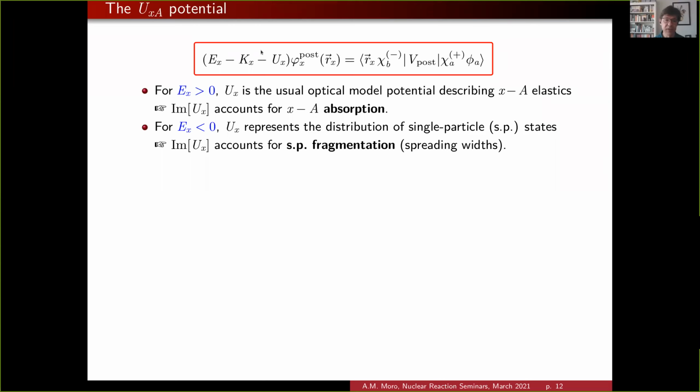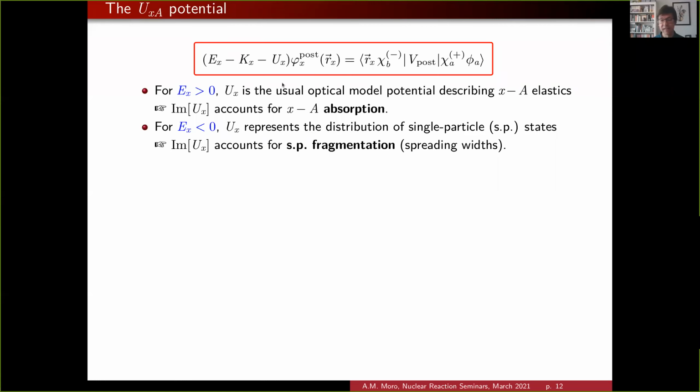But now the nice thing is that this equation can be solved for positive or negative energies. Here, positive energies refers to energies above the breakup threshold for X plus the target. So these are unbound states of the X plus A system.